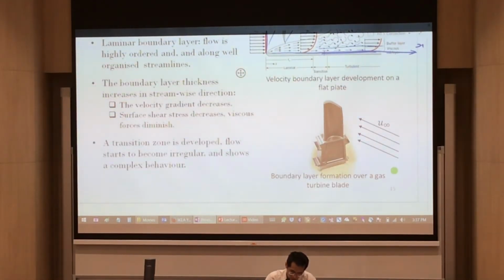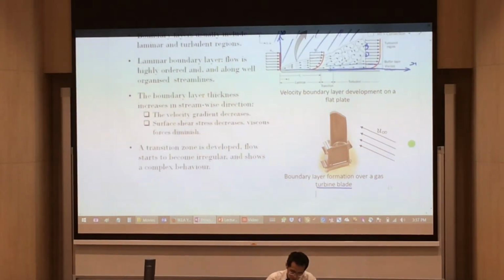Now there is an example of this turbine blade. For the turbine blade, what happens is that the flow U infinity is going to come in, and you will develop the same thing because this then will be your leading edge. So the flow will go past your leading edge, and then initially it's going to be a laminar flow, and then slowly go into a turbulent flow.